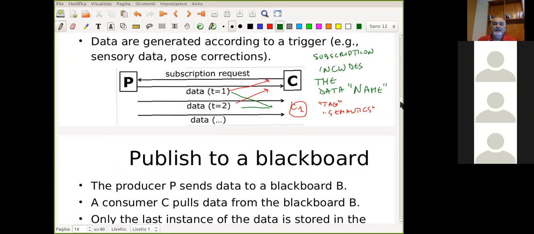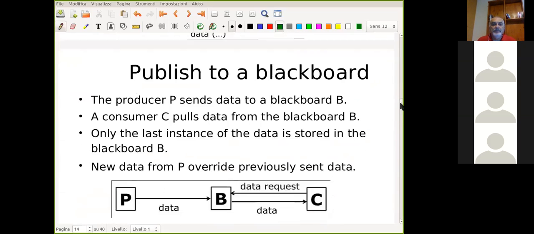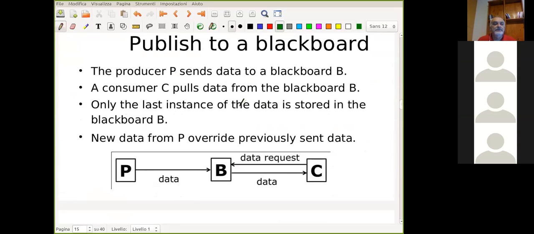Publish to Blackboard is similar, but in a sense is a simplification of the previous one, since all data are published.